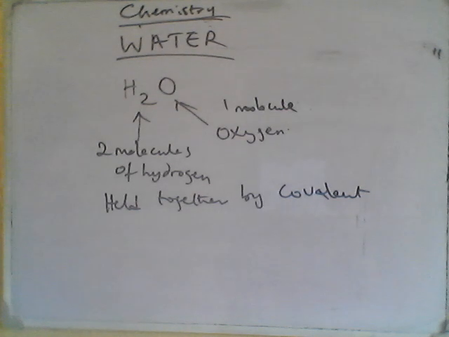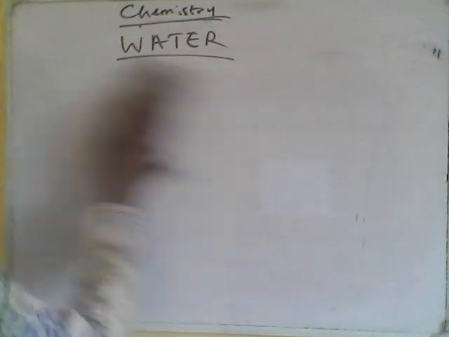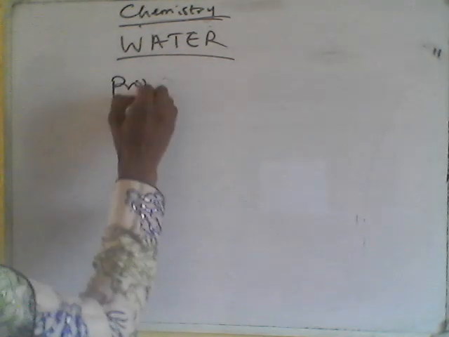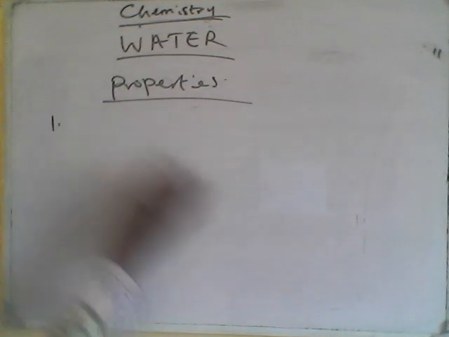Properties of water. Even the water you drink, good water that is pure, property number 1 is colorless. Yes, all of us know that one. So it doesn't have a color.